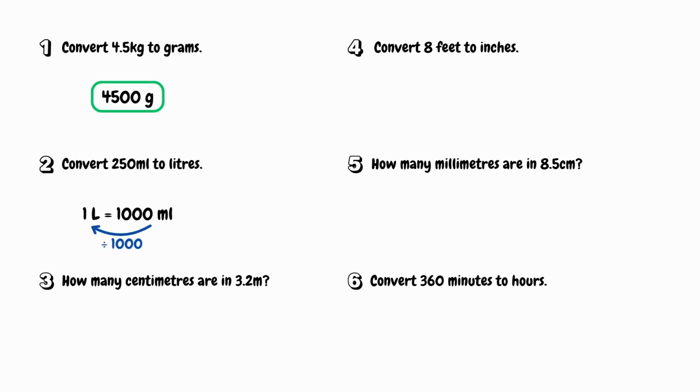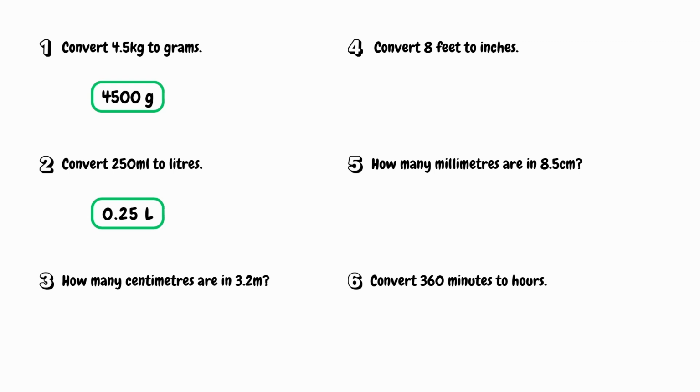So we're dividing by 1,000 to get us back to 1. Looking back at the question, we had 250 millilitres. We need to divide that by 1,000, and that gives us 0.25 litres.